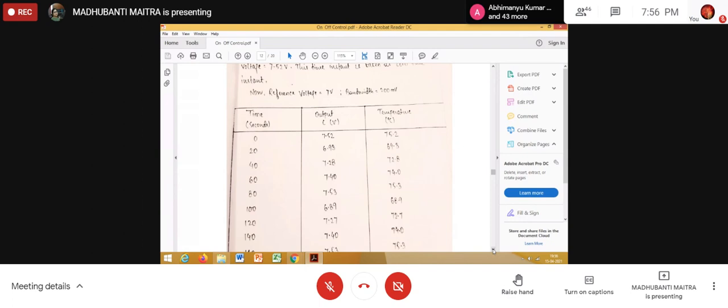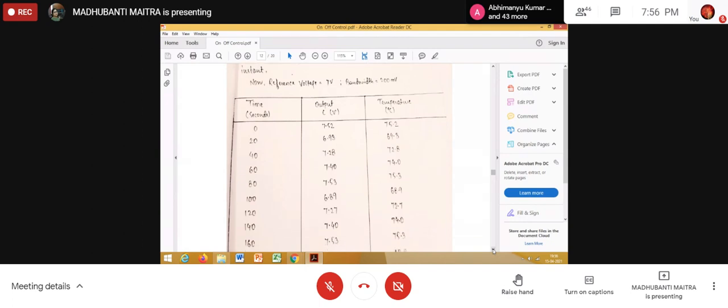Here the relay was not properly working, and hence the switching of the relay was not accurate. That's why, as we have discussed, ideally the maximum temperature should be around 72.